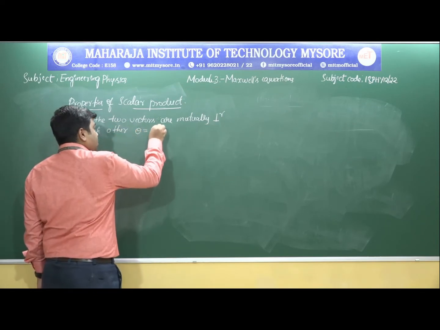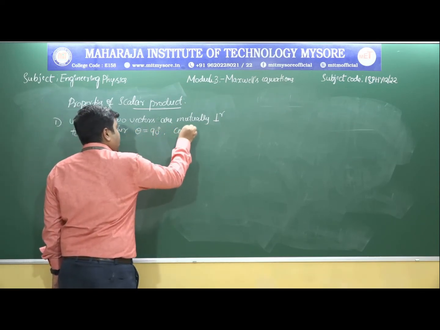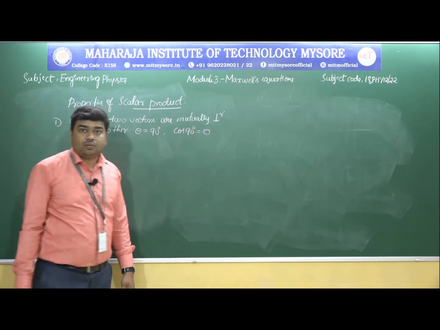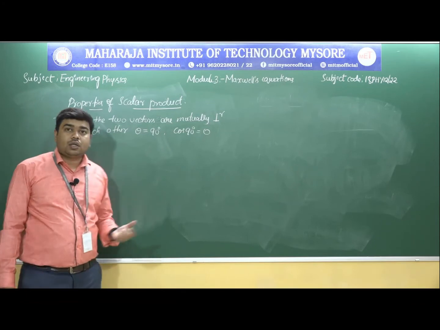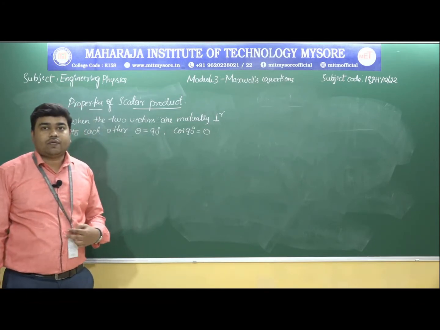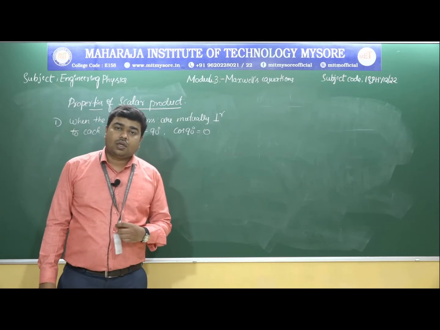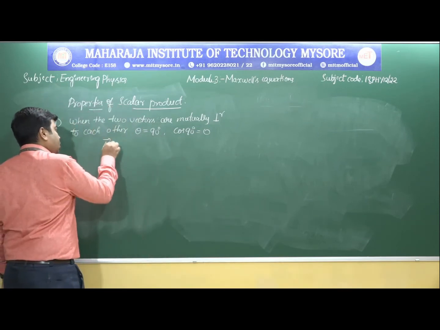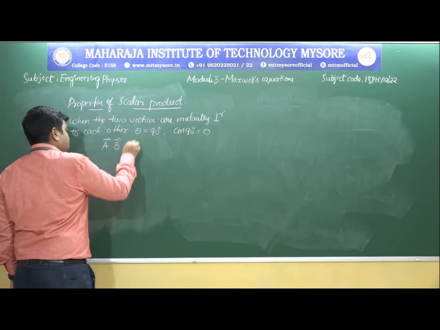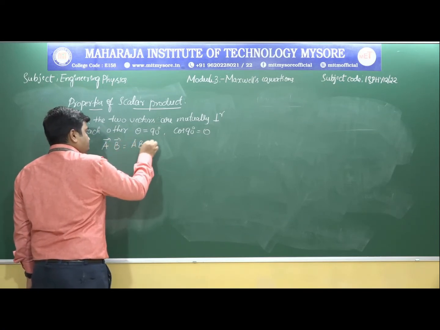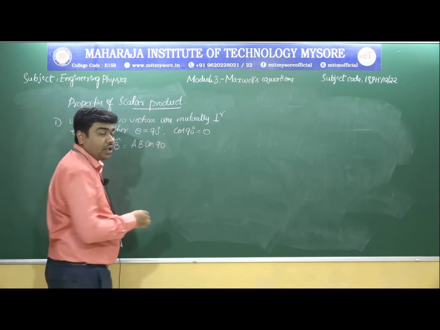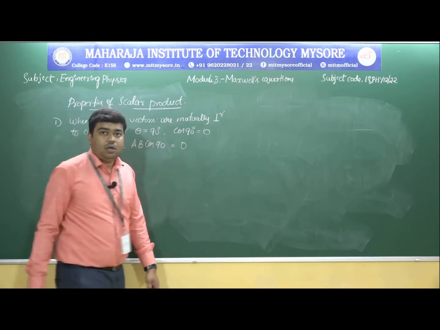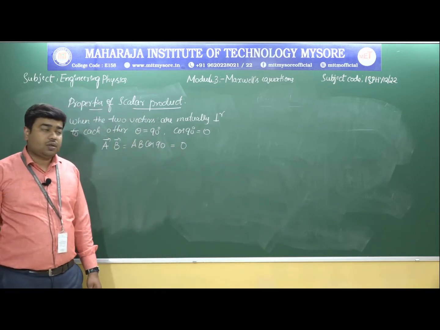Theta is equal to 90 degrees and cos 90 degrees becomes equal to 0. So if any two vectors are mutually perpendicular, then the dot product of those two vectors will be equal to 0, because vector A dot vector B is A B cos 90. Since cos 90 is equal to 0, the whole resultant also becomes 0.